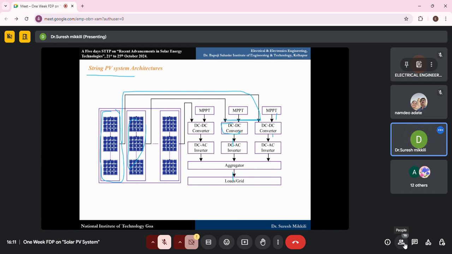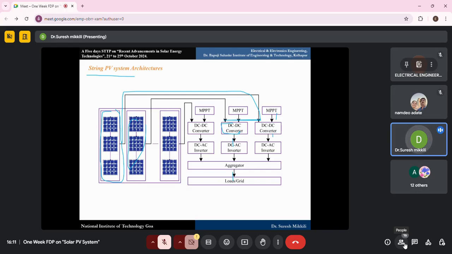With this setup, even though the power rating increases, suppose in buildings you take 1 megawatt or 2 megawatt, or up to 10 megawatt, one string may have 50 kilowatt, another a smaller rating.